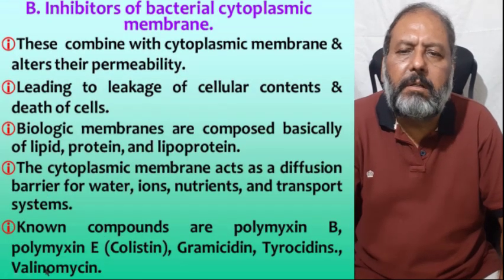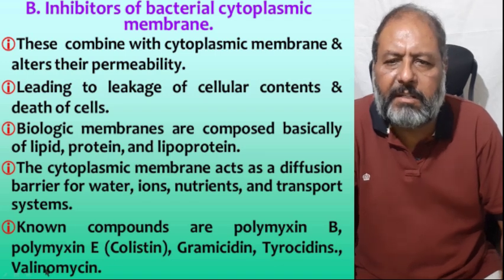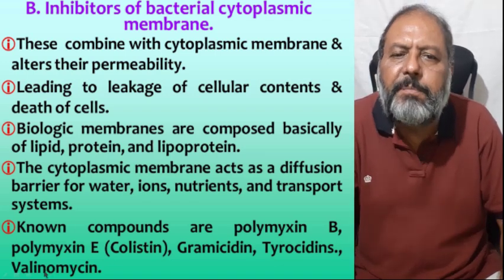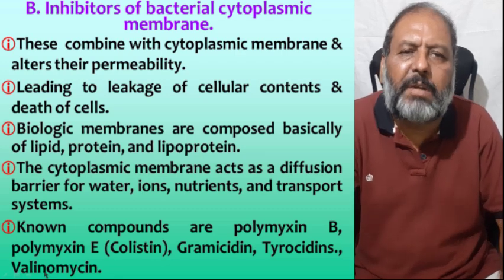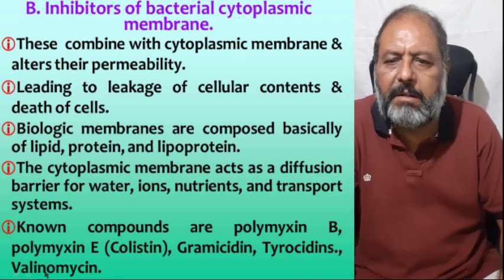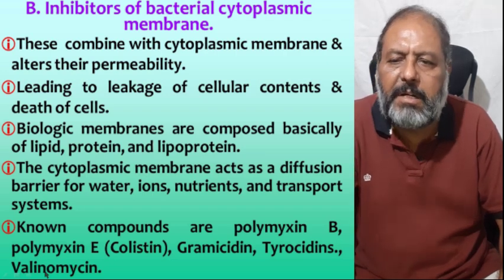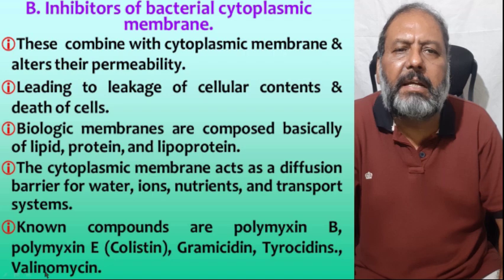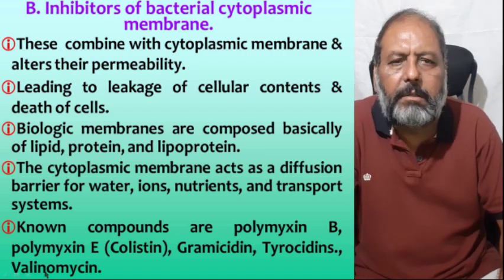Now, continuing the antibiotic classification, the second group is inhibitors of the bacterial cytoplasmic membrane. These combine with the cytoplasmic membrane and alter its permeability, leading to the leakage of the cellular contents and the death of the cells.